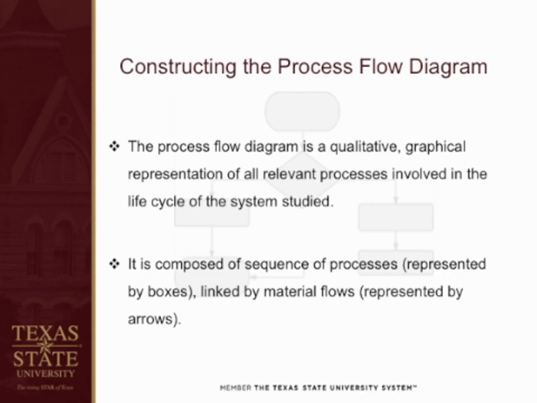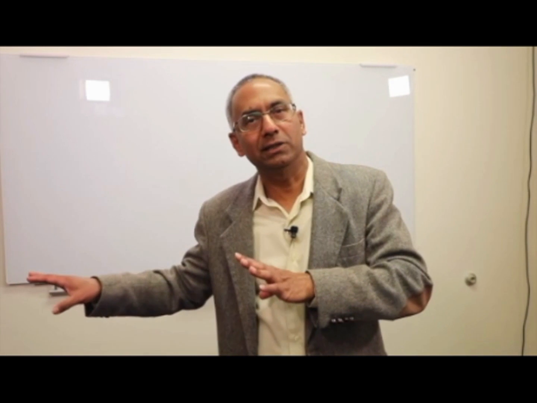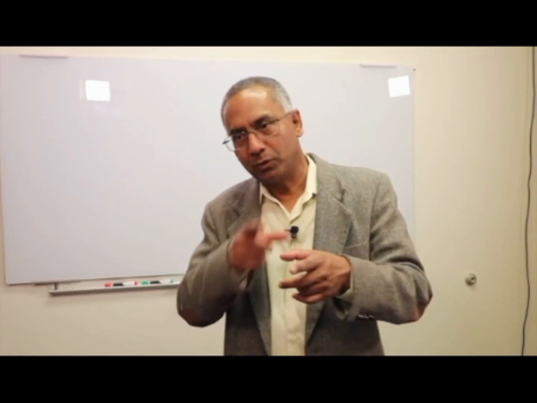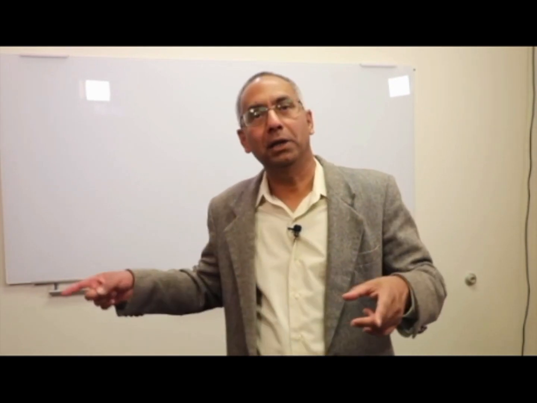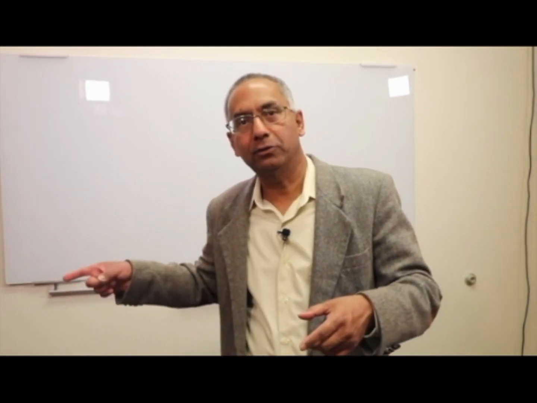It's just a picture, and it basically looks like a bunch of boxes connected by lines with arrowheads. Those boxes typically represent different processes or stages where processing takes place. The lines and arrowheads indicate material flow and its direction.